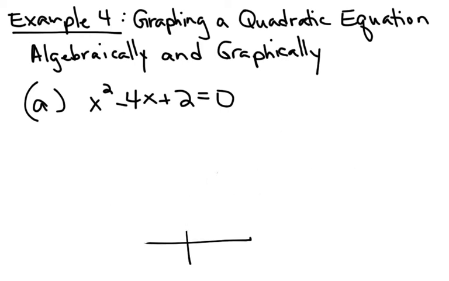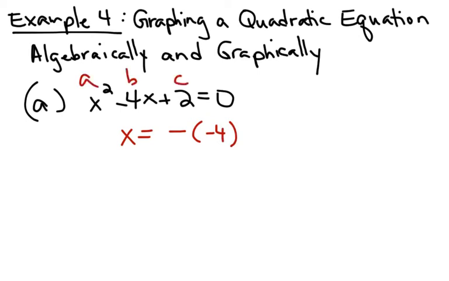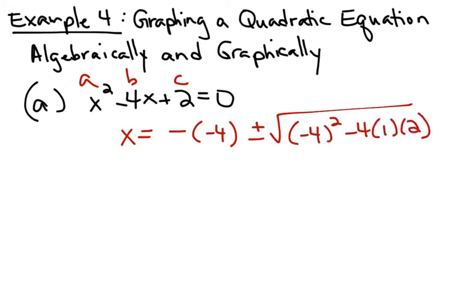So, algebraically, we would solve this using the quadratic formula because it's not factorable. So x is equal to the opposite of b, which is 4, remember a, b, c, plus or minus the square root of b squared minus 4ac, all over 2a.